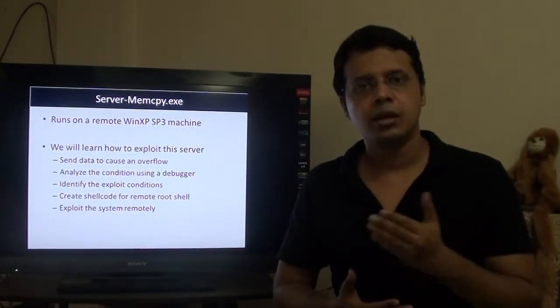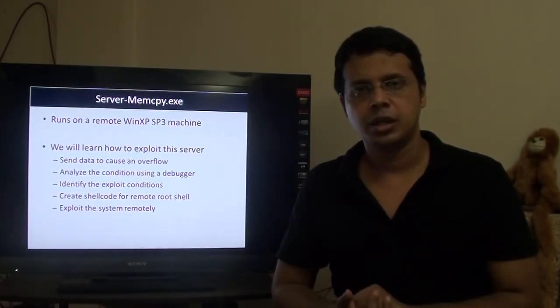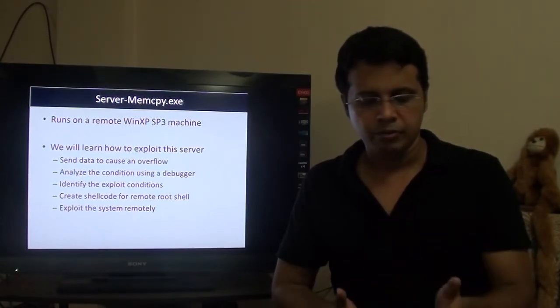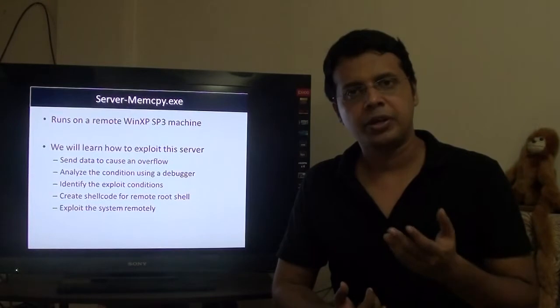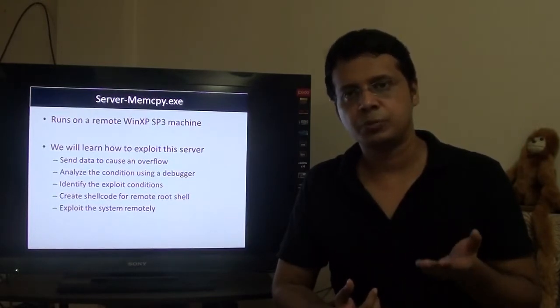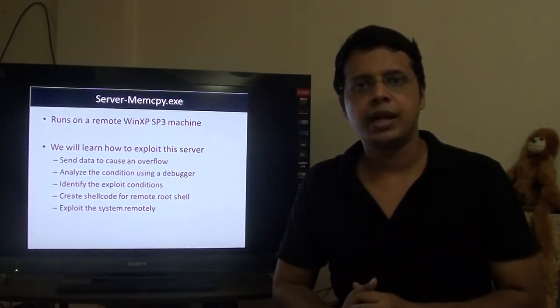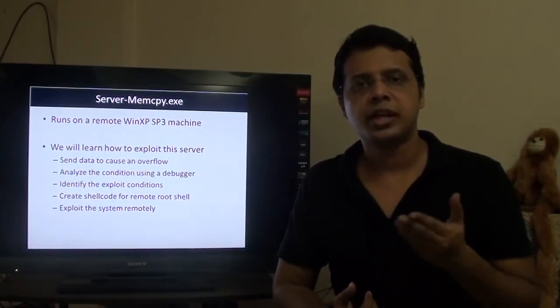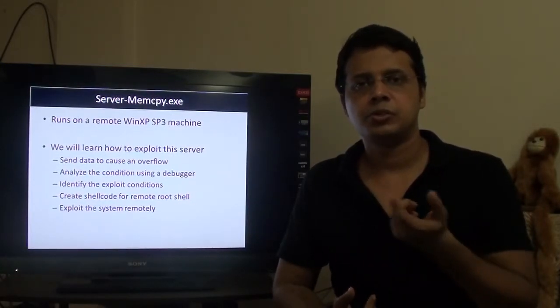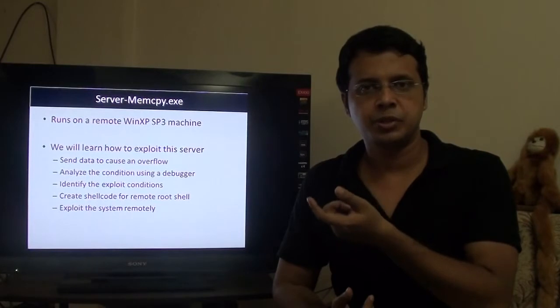So what will we learn in the very first exploitation which we will look at in the next video? We'll look at how to exploit a simple service running on a Windows XP SP3 machine. So what we will end up writing is a remote exploit. This server is going to run on the Windows XP SP3 machine.